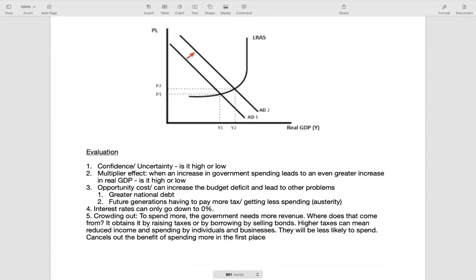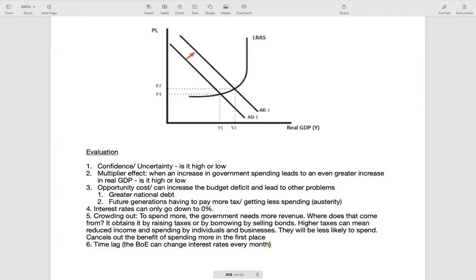So another thing that's useful to mention is the time lag. Monetary policy doesn't have much of a time lag. It can be controlled every month. The Bank of England can change interest rates every month.